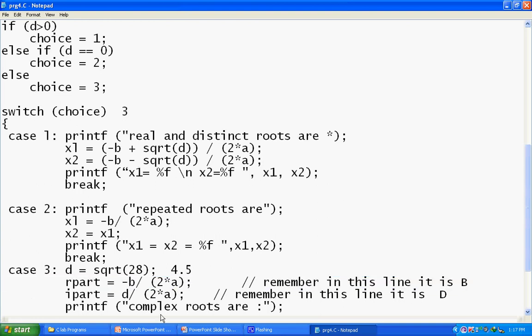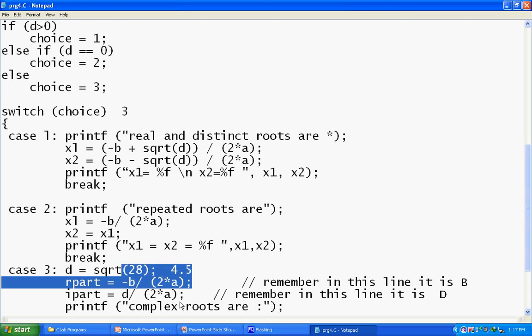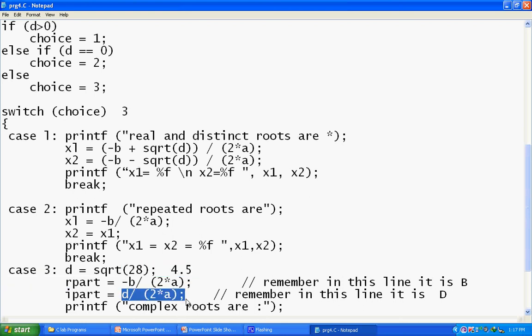As you know, the real part is minus b by 2a, and the imaginary part is the leftover part, square root of d divided by 2 into a. Please pay attention: in the formula, we have b in the real part, and in the imaginary part we have d. I have seen many students getting confused with b and d here.